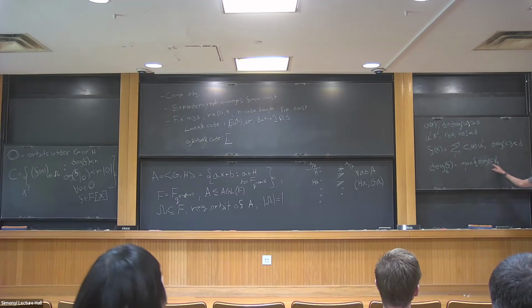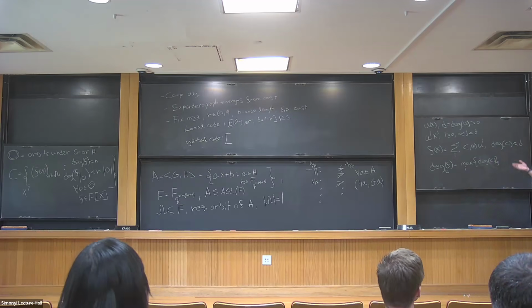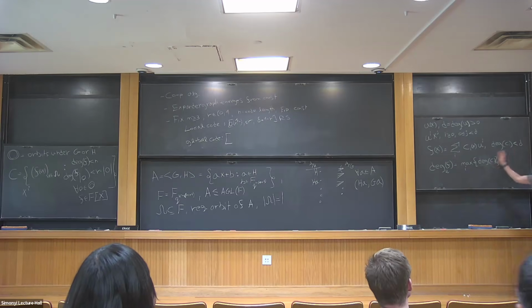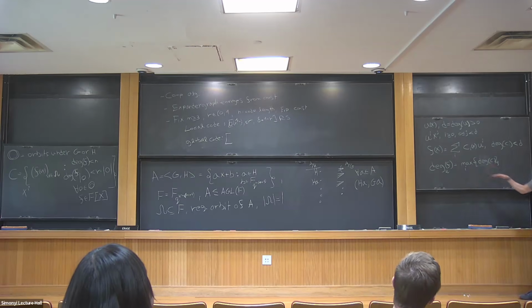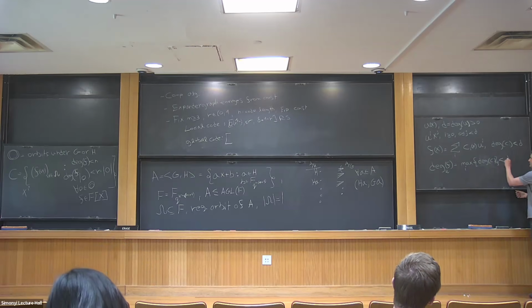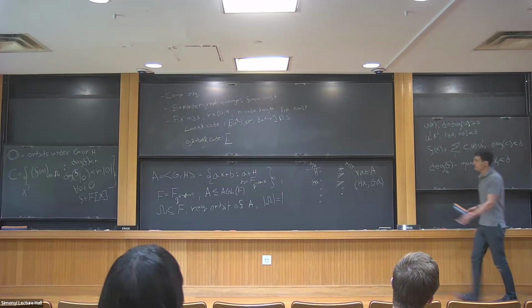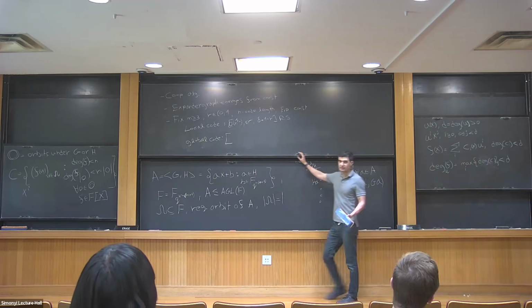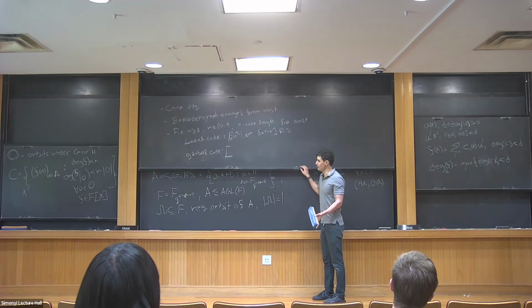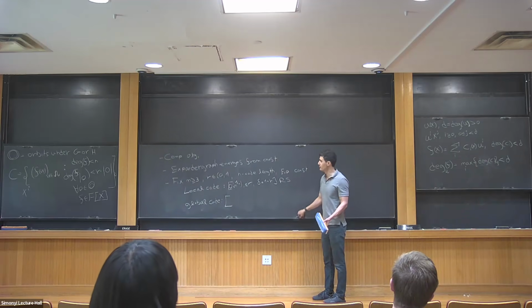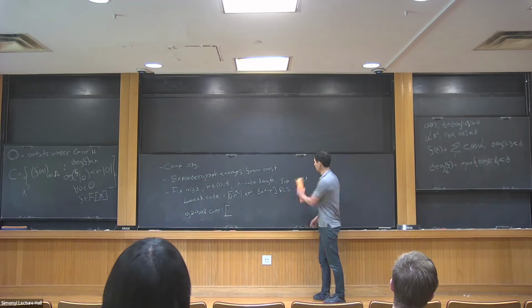Since the degree of each C_i is less than D, this is well defined. It's a finite set, and we know that this is numerically less than D. It's a very natural definition, but I haven't seen it. I don't know if someone saw it, or you have to tell me if it's connected to something else.